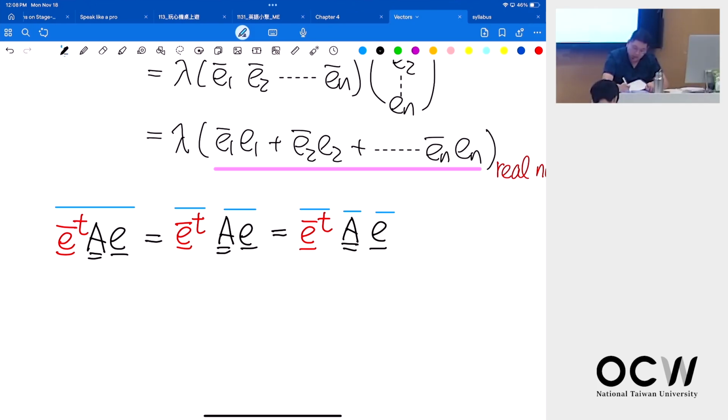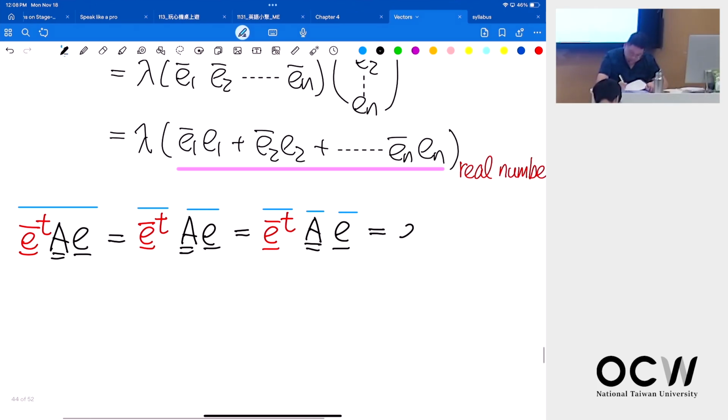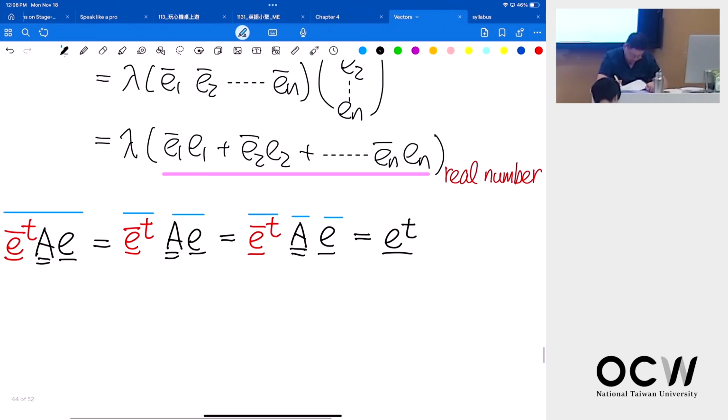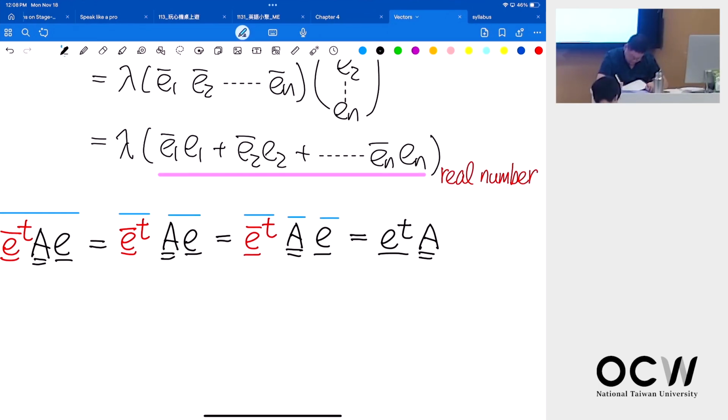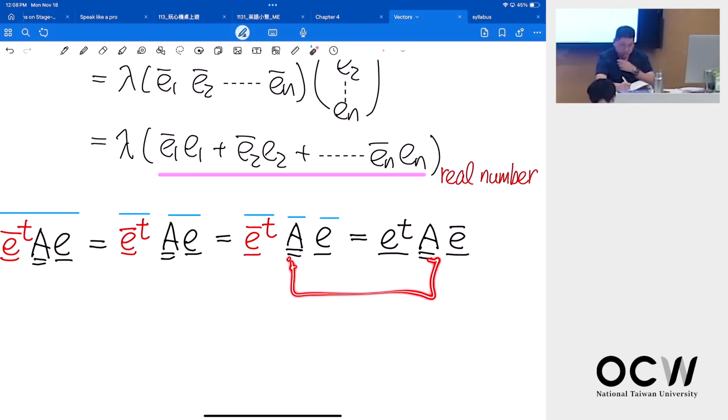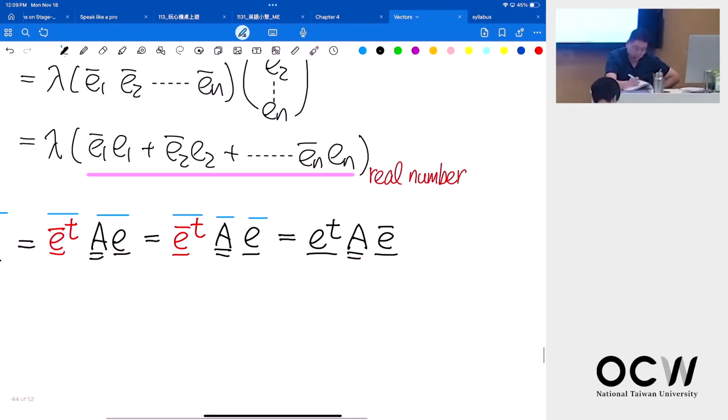And this is equal to E conjugate transpose times A times E, because if you do the double conjugate, they just cancel out. And the A conjugate is the same as A, because we assume this matrix is a real matrix, a real symmetric matrix.